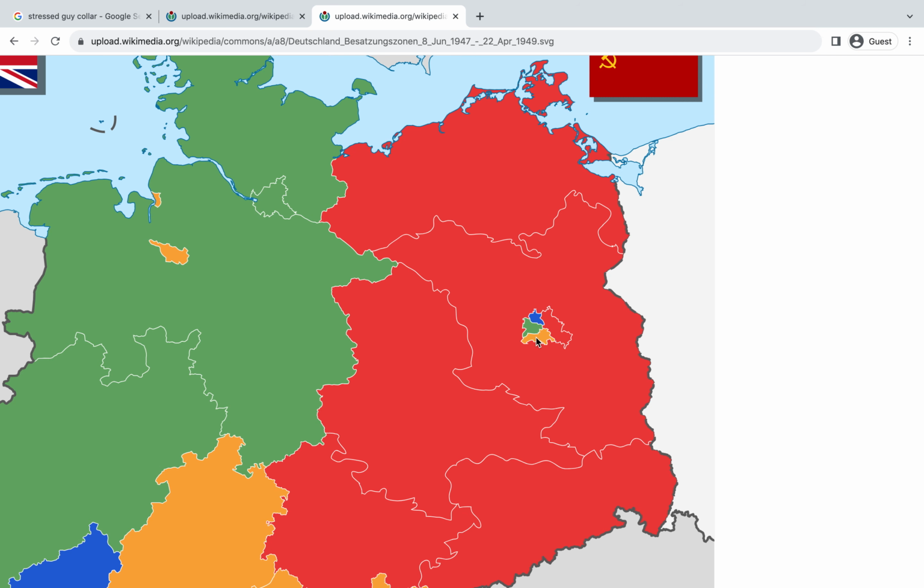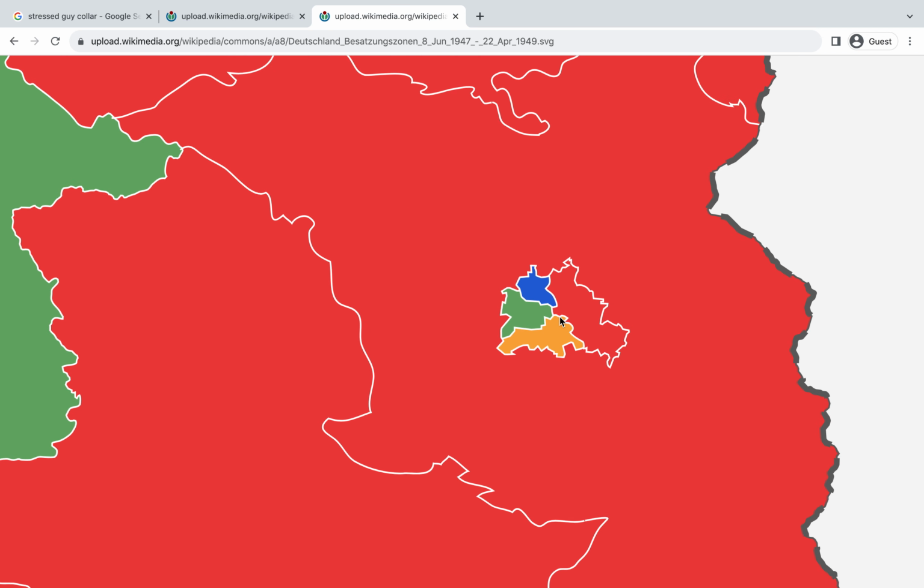And as you can see, if we remember our directions, we go up this way for north, this way for east, down for south, and this way for west. So this is going to be East Germany. And inside of East Germany, in Berlin, you have East Berlin and West Berlin. This right here.